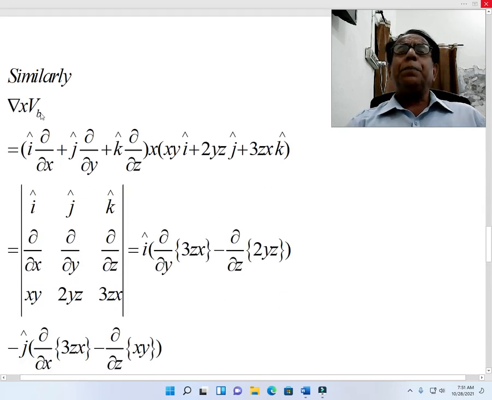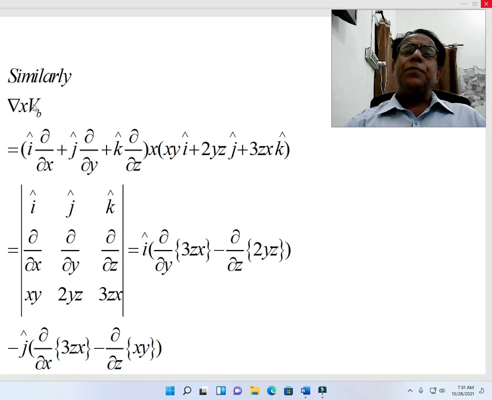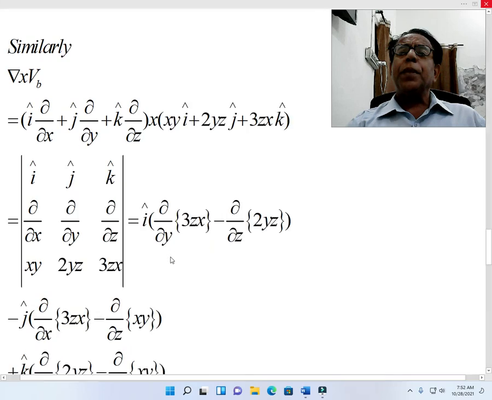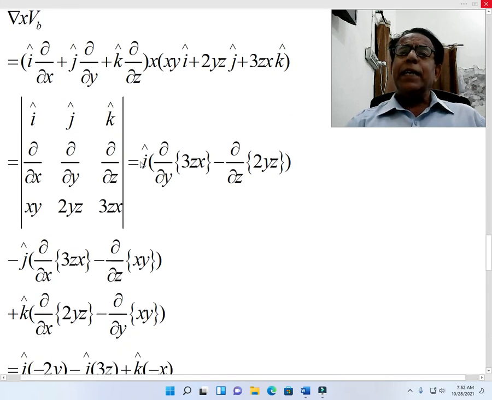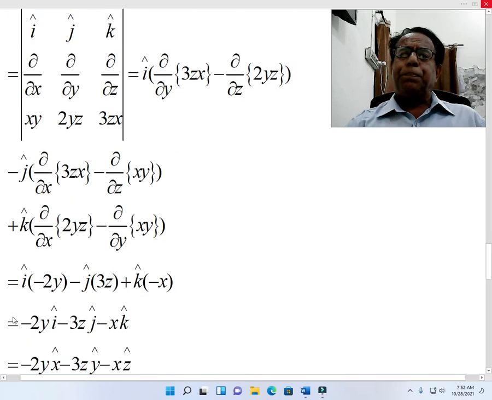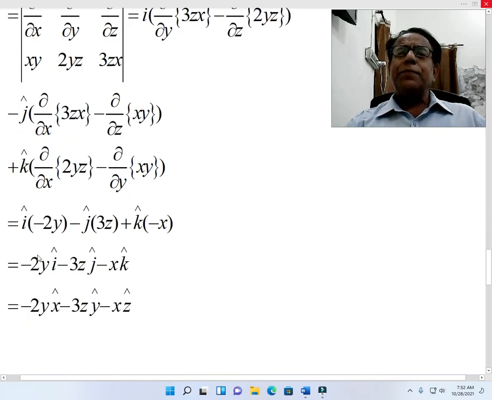Similarly part b, that is del cross vb equal to the same, here in place of f1, f2, f3 these 3 values will appear, and hence again with i plus sign, with j minus sign, and with k plus sign, and this will result in minus 2y i unit vector minus 3z j unit vector minus x k unit vector.